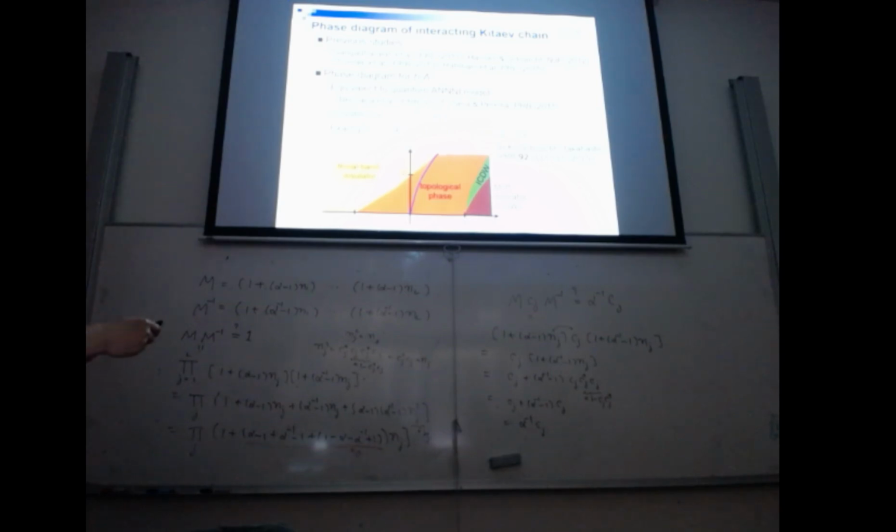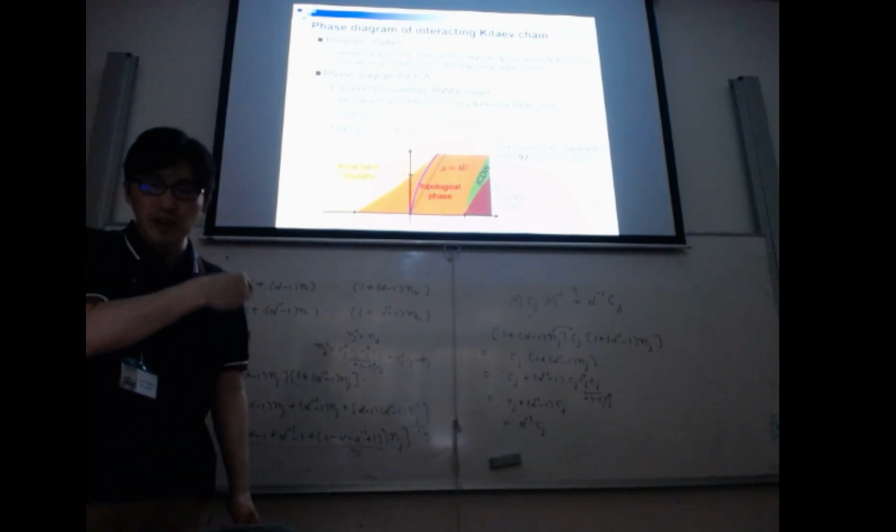And this line goes to mu equals 4u in the infinite u limit, so it approaches mu equals 4u. And you see this solvable case falls into the center of the topological phase. And u equals 0, mu equals 0 corresponds to the decoupling limit of the non-interacting Kitaev chain.